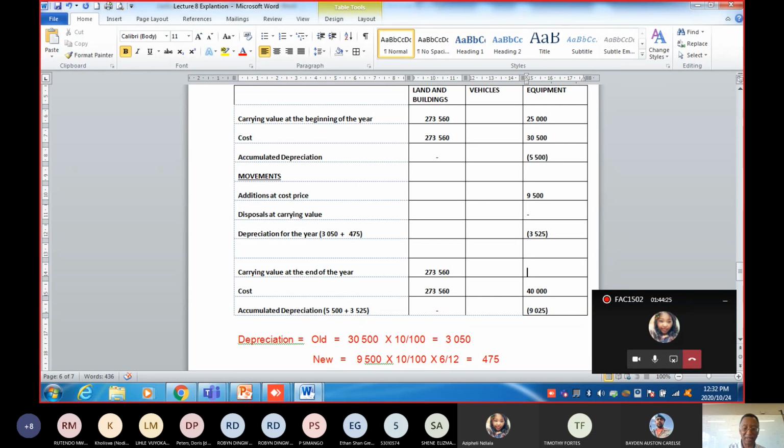Your carrying value at the end of the year is therefore 40,000 minus the 9,025, and that will give you 30,975 rand. And that will conclude the column for equipment.